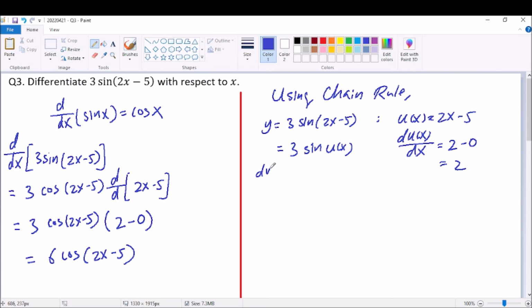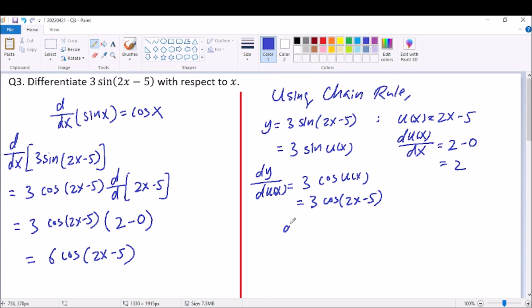When we differentiate, dy over du is 3 cosine u(x), equals 3 cosine (2x minus 5).